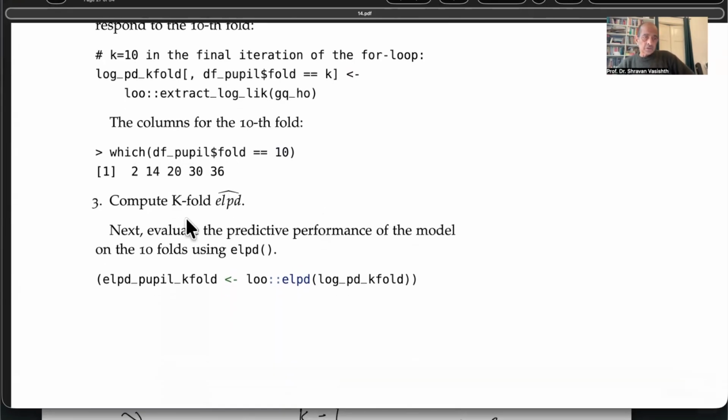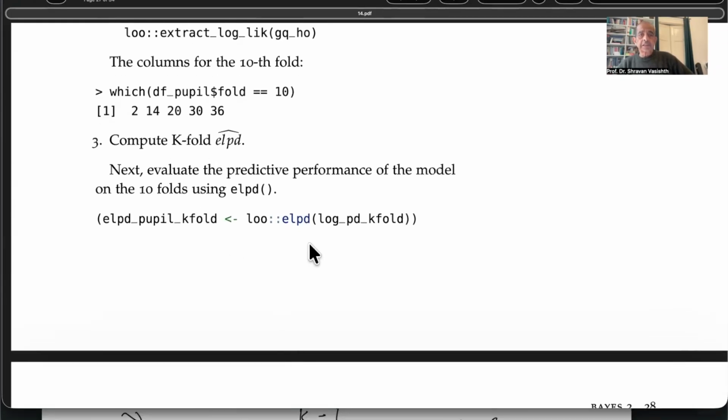Okay, so next step, now we got the filled out matrix, all the matrices for the full and null models. Then we evaluate the predictive performance of the model on all the 10 folds using ELPD. So this is again using the built-in function ELPD.